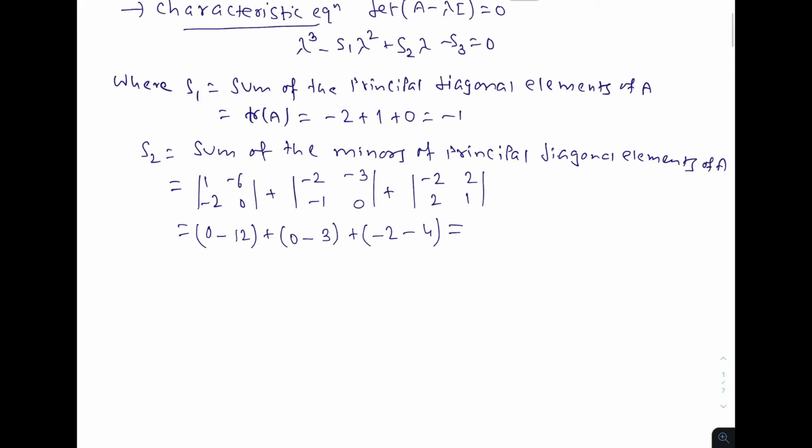So that is equal to minus 12 minus 3 minus 6, and this is minus 21.